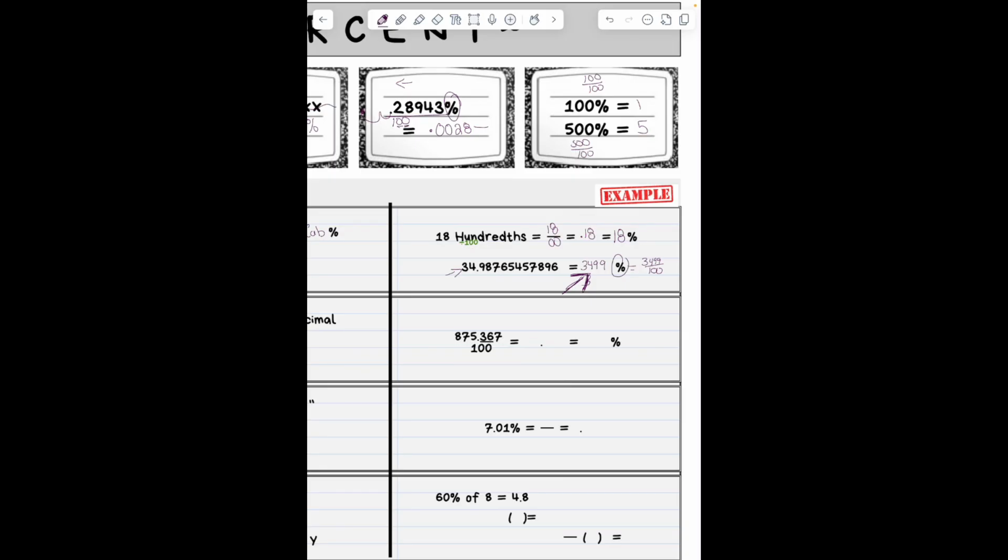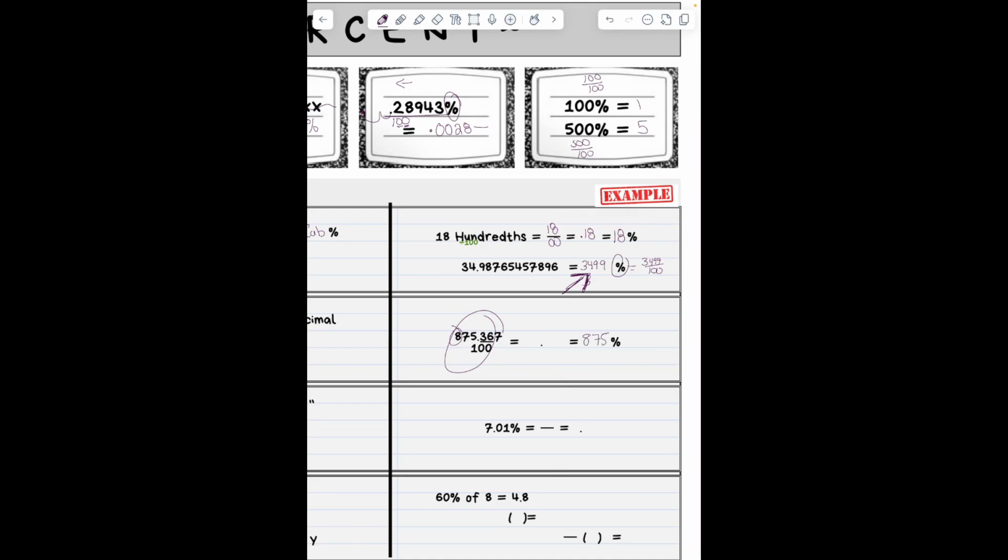Ask yourself: I'm taking this number and I want to convert it to a percent. That means I want to convert it to a number over 100. This number in the second row, however, already is converted to a percent. So I have 875.367 over 100.